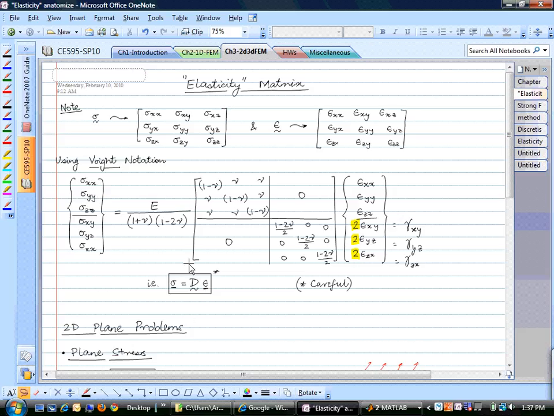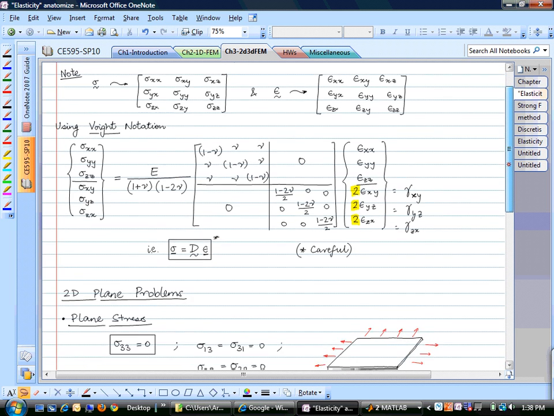If you use the Voigt notation, you can write your material law, Hooke's law, in this form. These are 6 symmetric components of the stress in terms of 6 symmetric components of the strain. We are going to be using this definition of the engineering strain for this purpose, and if you do that, you can express your matrix for three-dimensional cases like this.